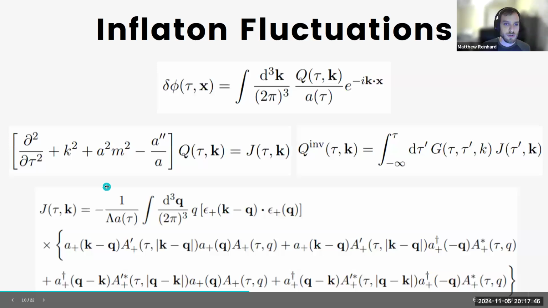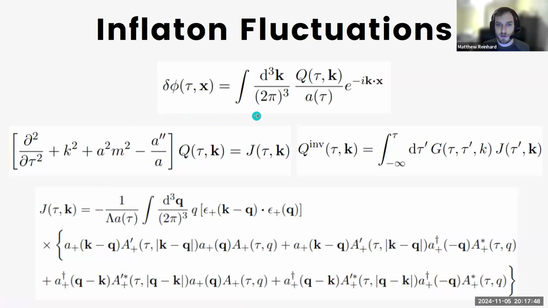So for fluctuations in the inflaton field, we can also decompose this in Fourier space in terms of these Q mode functions. And the equations of motion are given here. So we have a homogeneous solution to this equation that corresponds to the vacuum fluctuations.